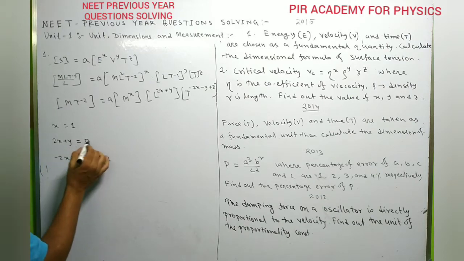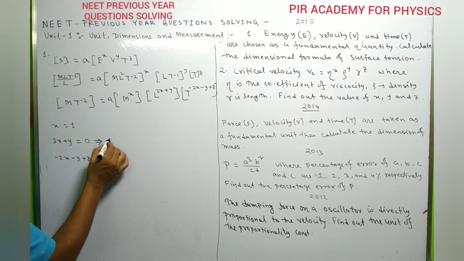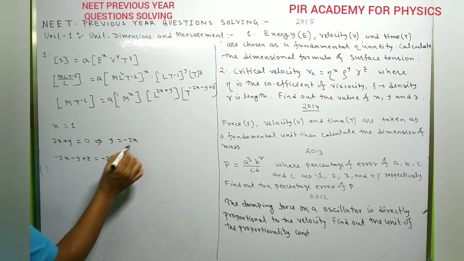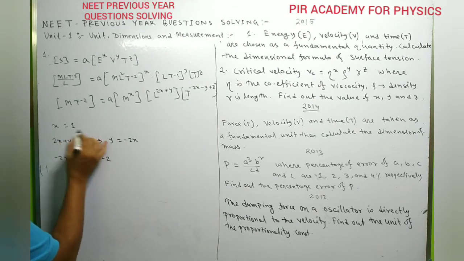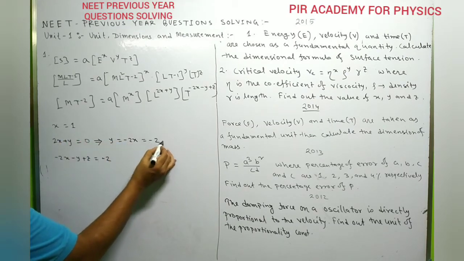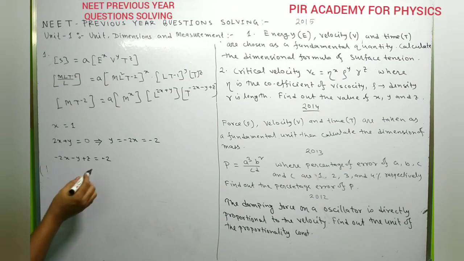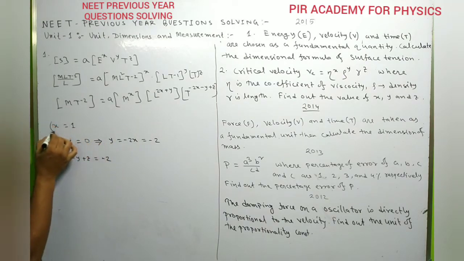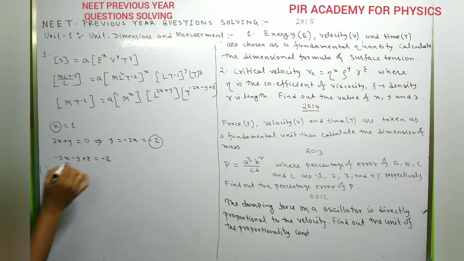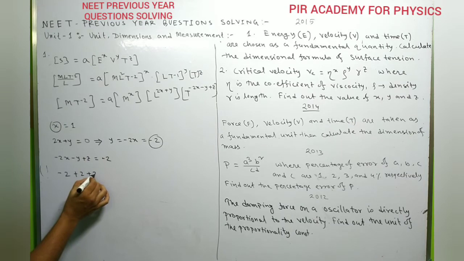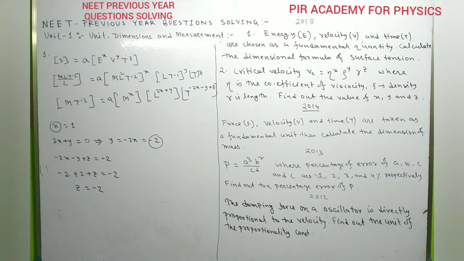So from this equation you can calculate that y equals minus 2x, and the value of x is 1, so y equals minus 2. If I put the values of x and y in this equation, then it will be 2 minus 2 plus z equals minus 2, so z equals minus 2.